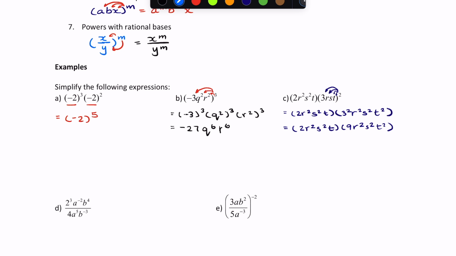So 2 will multiply with 9, which will give us 18. r squared and r squared will multiply with each other, and so that will give us r to the power of 4. s squared and s squared will multiply to each other, giving us s to the power of 4. And t and t squared will multiply each other, giving us t to the power of 3.